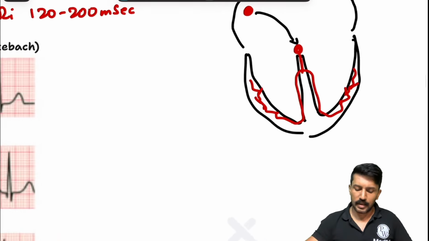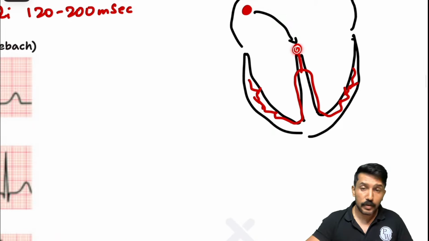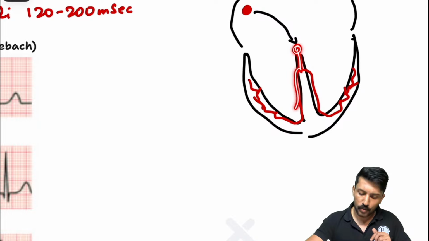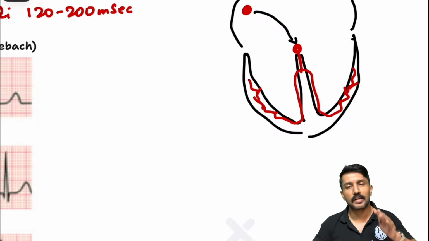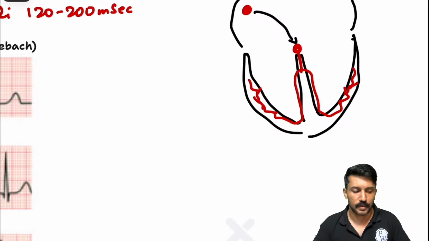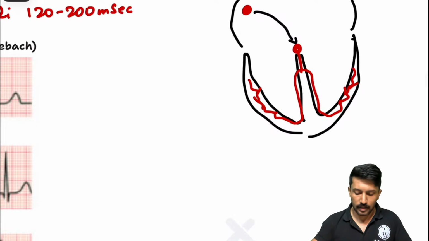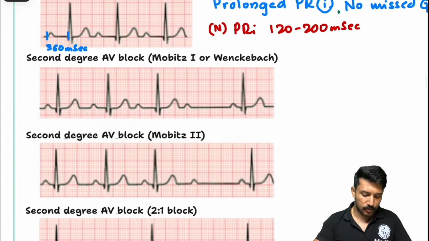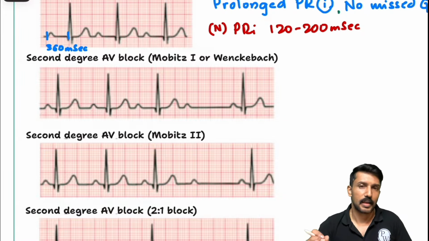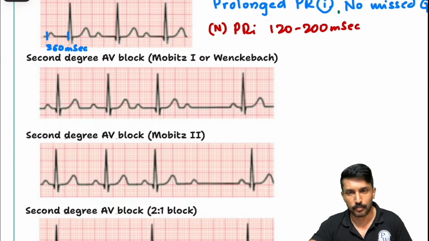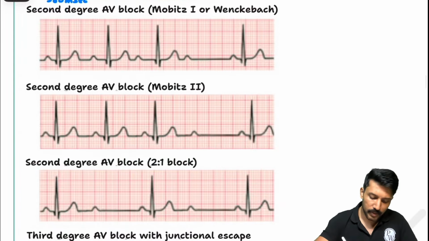But in the second degree AV block, the AV node intermittently fails to conduct the signal to the ventricle. So we will start seeing missed QRS. And when I have missed QRS, it could be two subtypes: second degree AV block Mobitz type 1 and second degree AV block Mobitz type 2. So what do we get in Mobitz type 1?